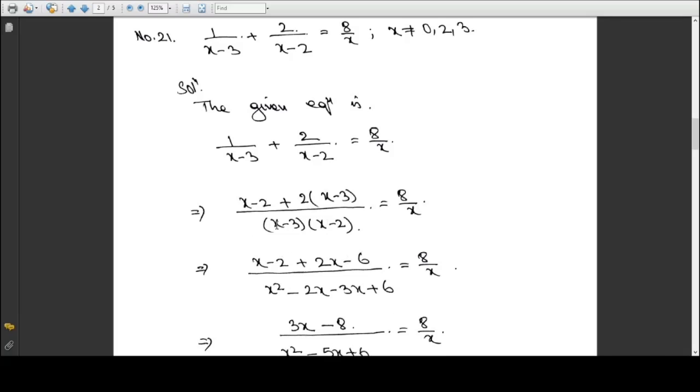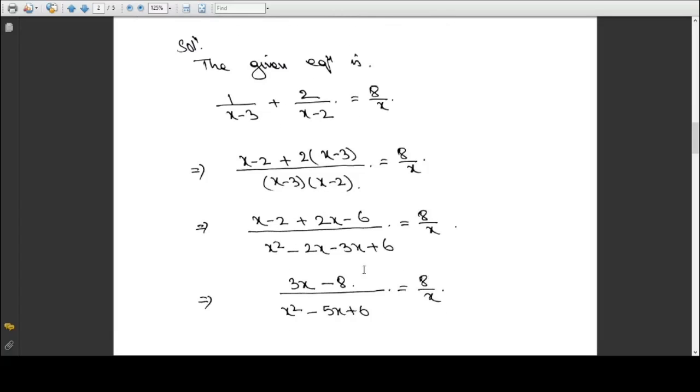And here x multiply x is x square, x multiply 2 is 2x, minus sign is there, then 3 multiply x is 3x, here also minus plus is minus, minus 3x, and minus minus plus, 3 multiply 2 is 6.